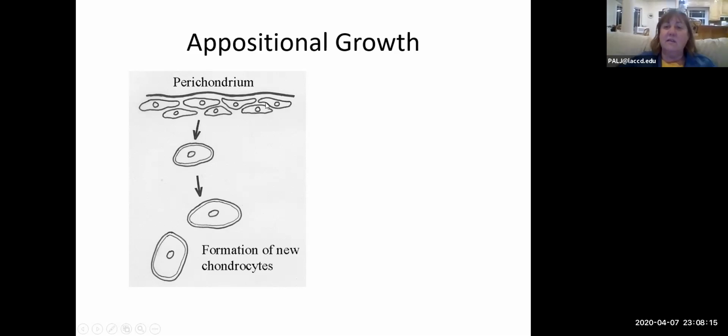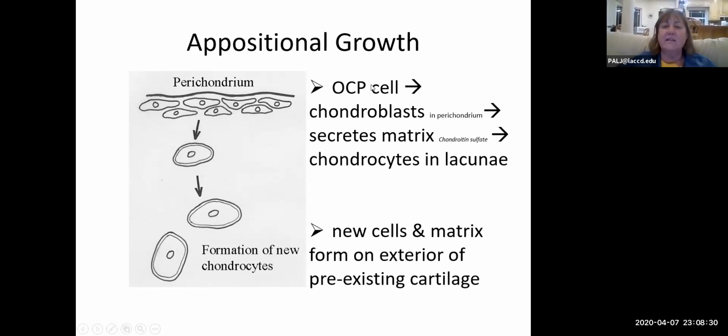And in the perichondrium, this is where we're going to find the osteochondral progenitor cells, which will then become chondroblasts, which will then become chondrocytes. And so these cells are going to eventually be forming new chondrocytes. So here's how it happens. We have an osteochondral progenitor cell. Anytime you see OCP, osteochondral progenitor cell, that gets the message, make cartilage.